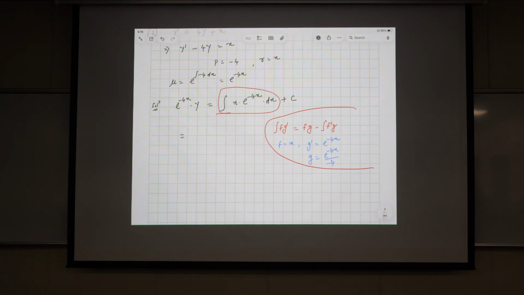That implies, if I write this, it will be f g, that means x times e^(-4x)/(-4), minus integral of f' g. f' means 1, times g, the same, e^(-4x)/(-4) dx plus c.